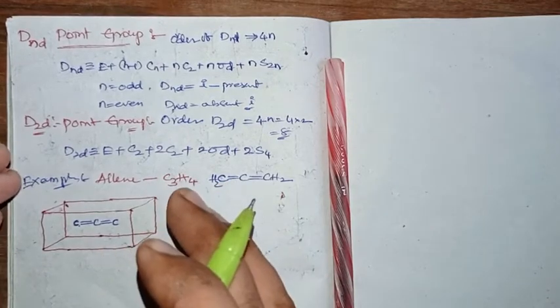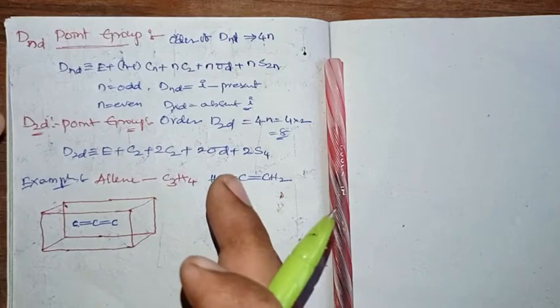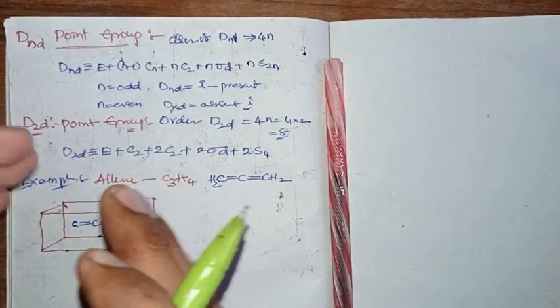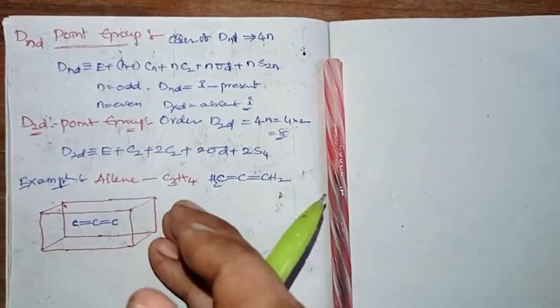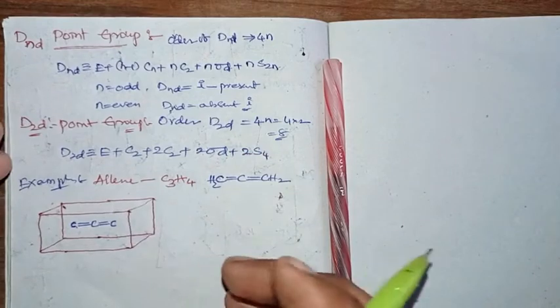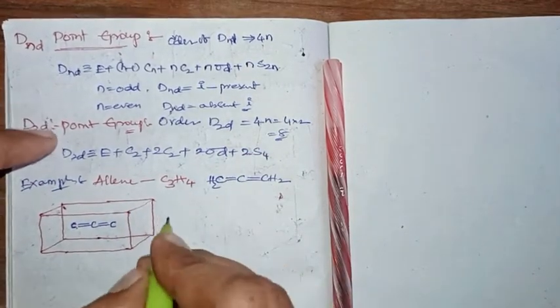The hydrogens of the two methylene groups will be arranged in the alternative positions of the cube, on the opposite corners of the two opposite faces.